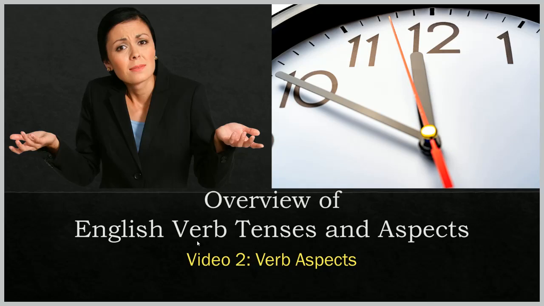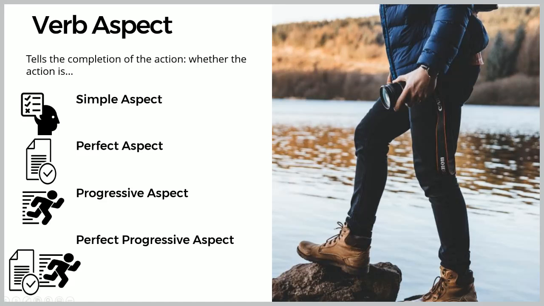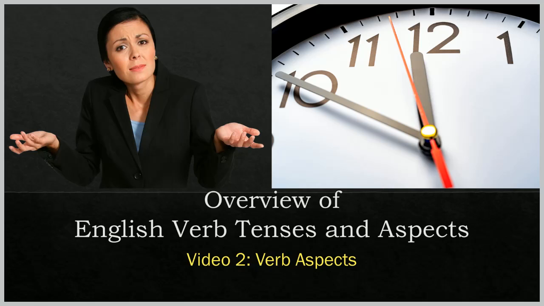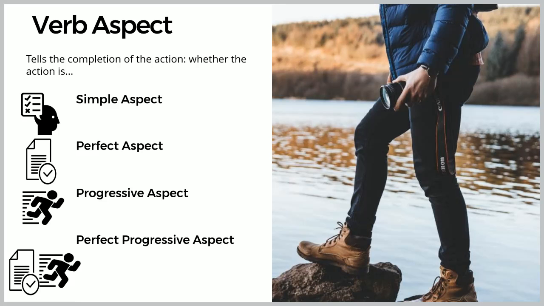All right, so getting into our second video, we are focusing now on verb aspect. As I said in my last video, you are already probably familiar with tense, but not aspect. And so now we're going to talk about what aspect is.